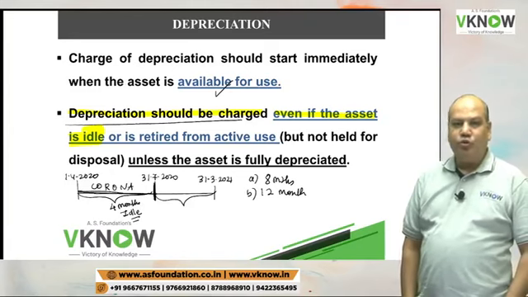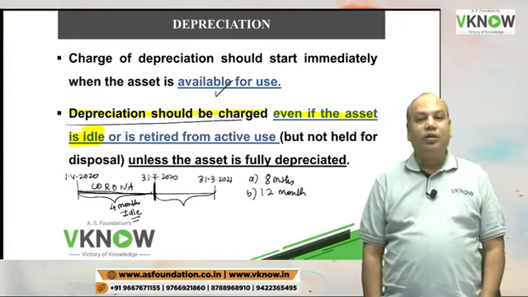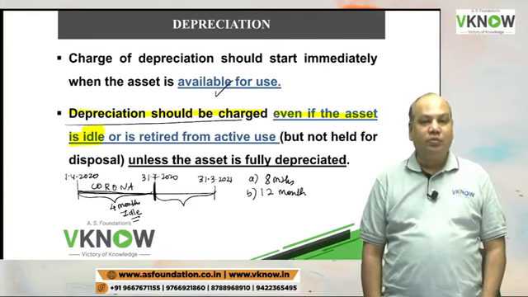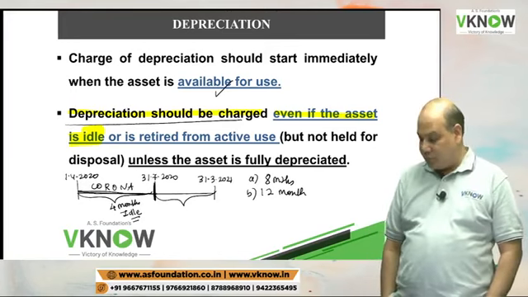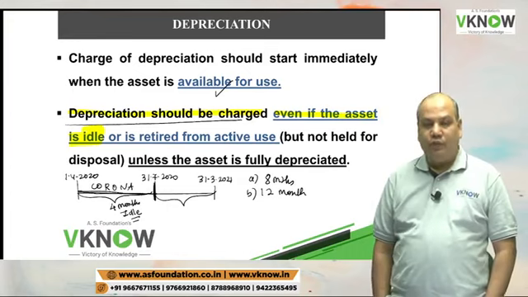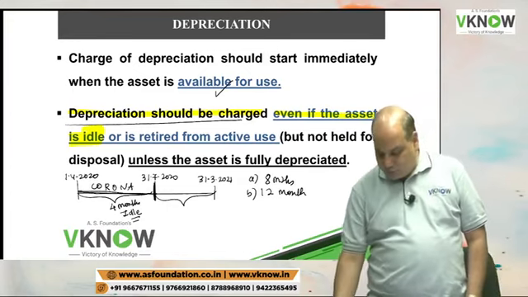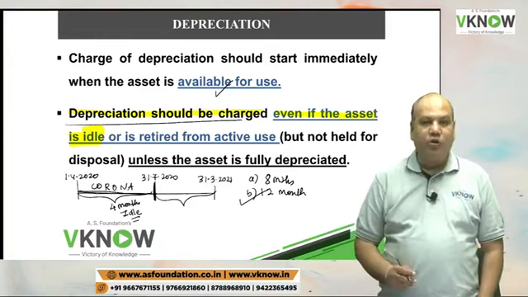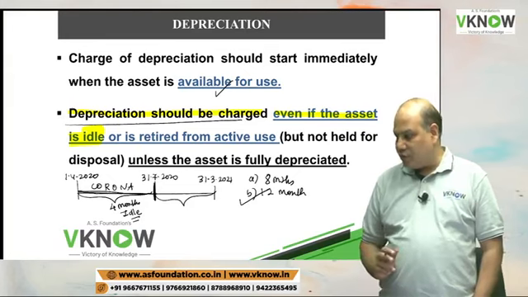If suppose due to lockdown for 1 month, asset remained idle, no activity, what about depreciation? Your institute has also clarified on this. The depreciation will be provided for full 12 months, even if the asset remains idle for some time.